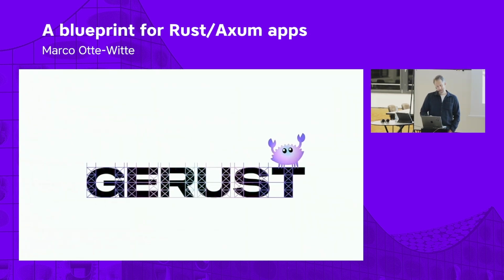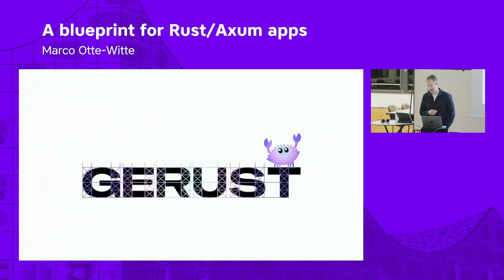And that is what we call Gerust. It's our idea for how a Rust backend project would be structured, that uses standard crates already available in the ecosystem and assembles them in a very particular way, right?